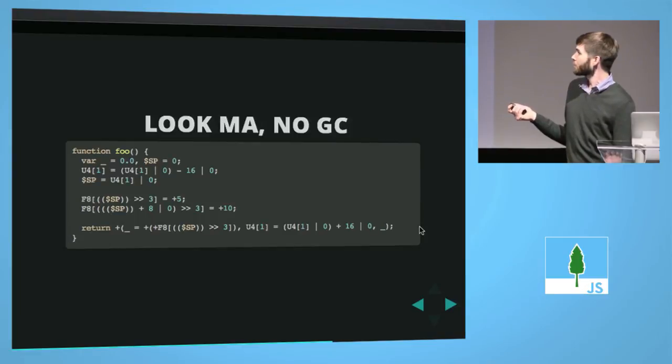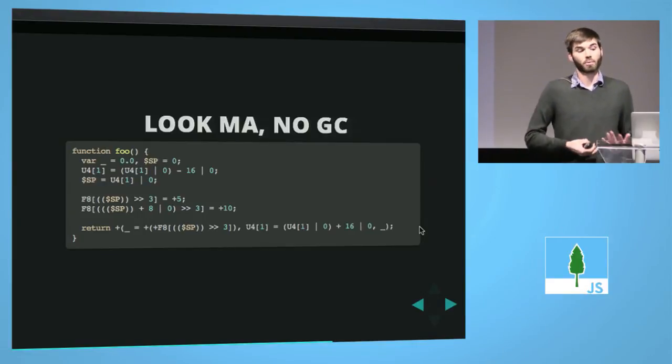So it increased the stack pointer by 16, and then it references the x value here and then the y value here. So the stack pointer and then stack pointer plus 8. And then you return by just reading from the typed array. So this is just really fast stuff. If you're doing a lot of vector operations, this is the kind of code that you might want to generate.